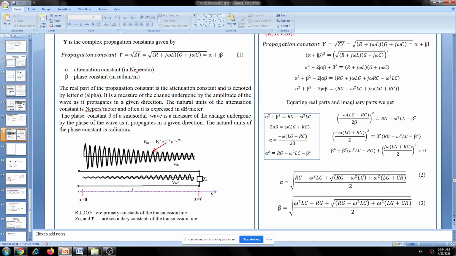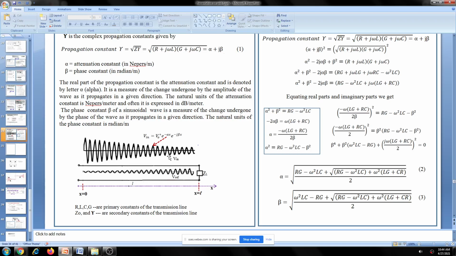Per unit length, it undergoes a particular phase. Again, it depends upon the frequency also. It is also a very important one that decides the delay of the signal. We will see the phase constant in depth in the next topics also.